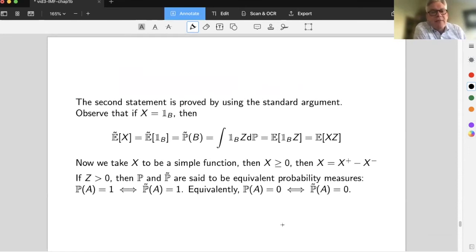This can be proved, and the proof is in the book. I will not do it here. The statement can be proved by using the standard argument again.